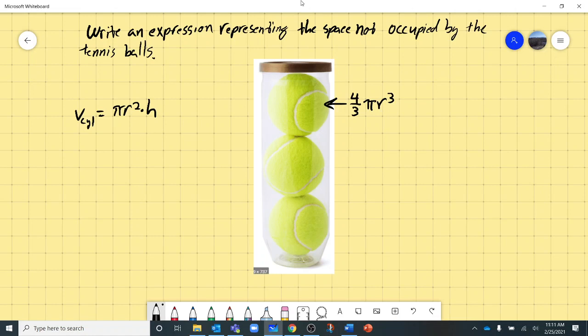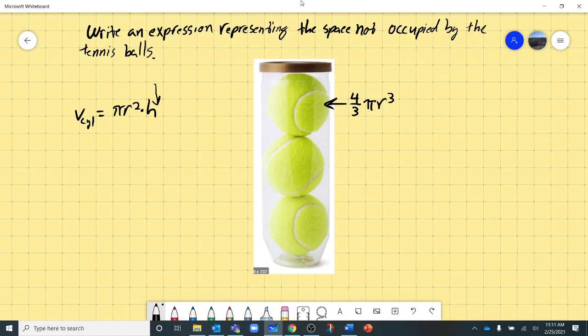Okay, so first of all, let's find what would be the volume of just the cylinder if it were empty. Pi r squared times h, and that really gets us nowhere. We know pi, we know r squared, we don't know h. Or could we figure out something for h?